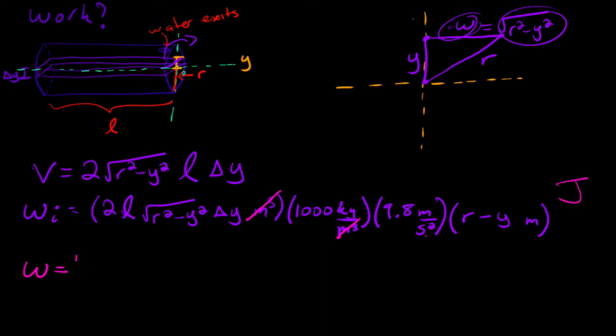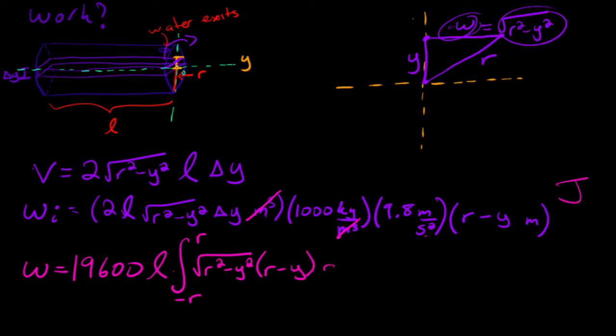Let me multiply the constants. So it's going to be 19,600 L times the integral from negative r to r of the square root of r squared minus y squared times r minus y dy.